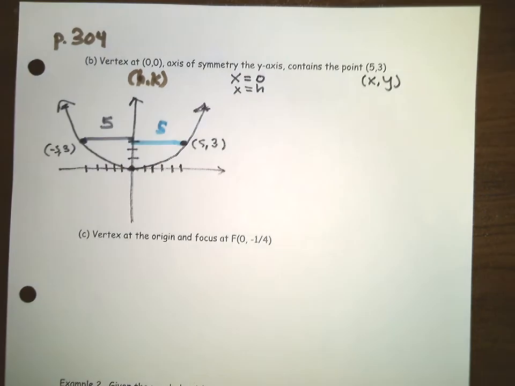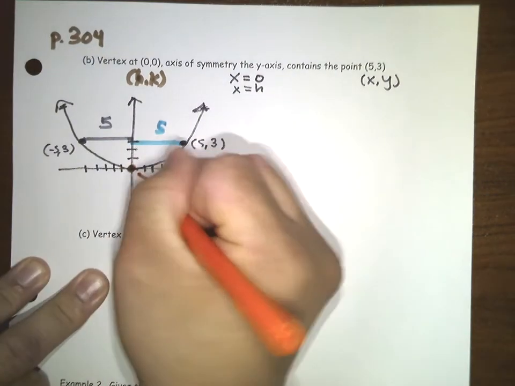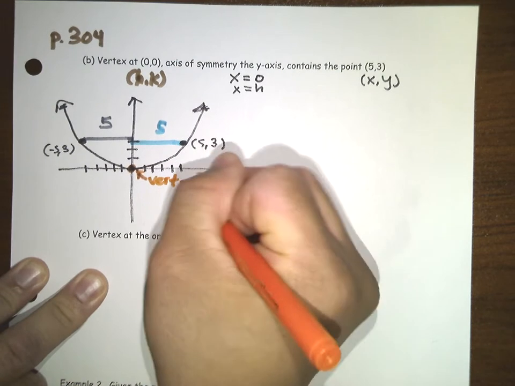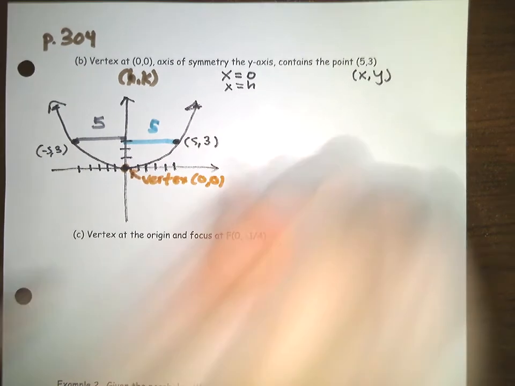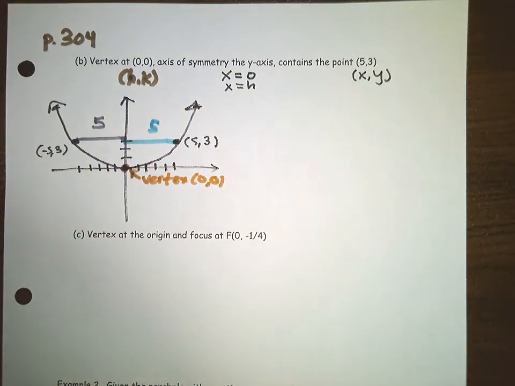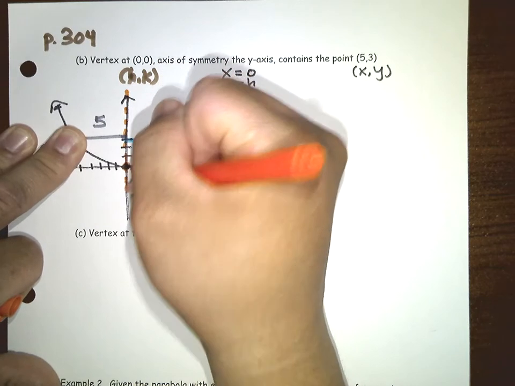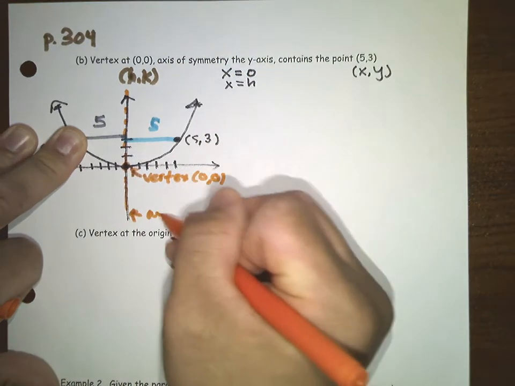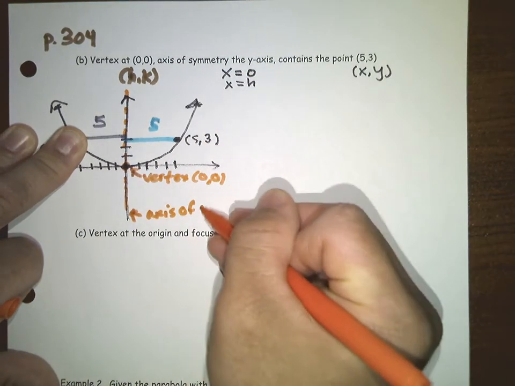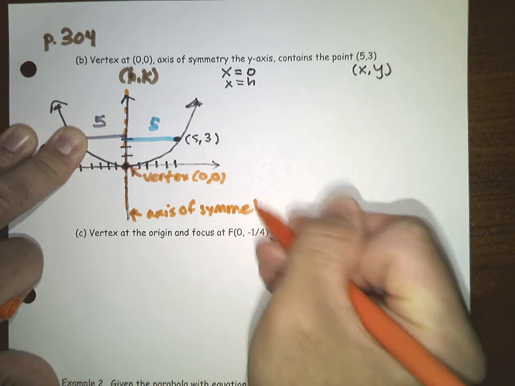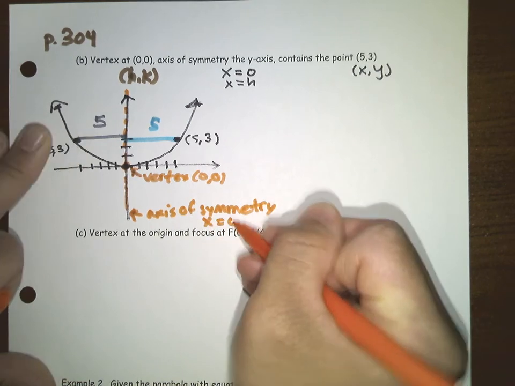What else did they tell us? They told us the vertex was (0, 0), and the axis of symmetry was x equals 0.